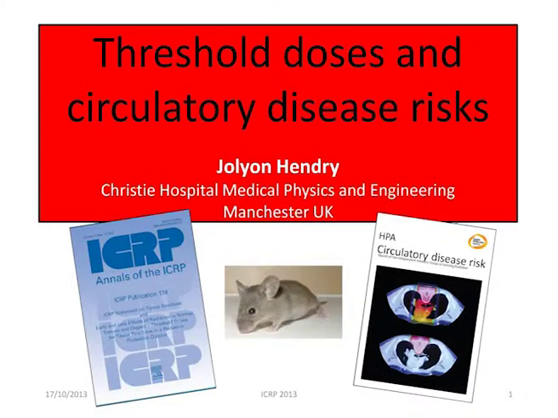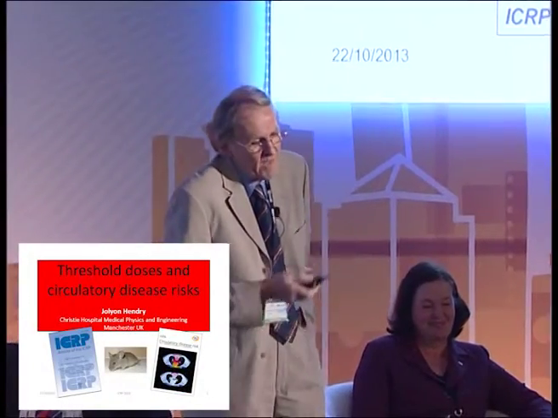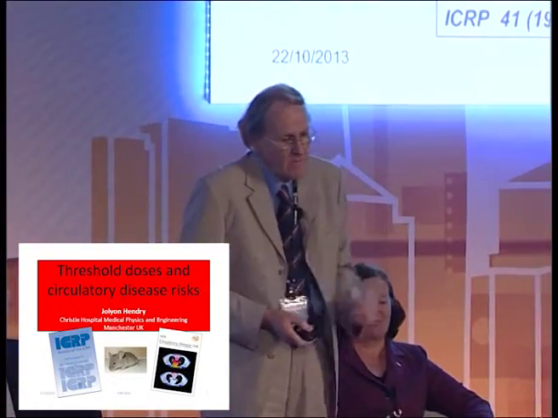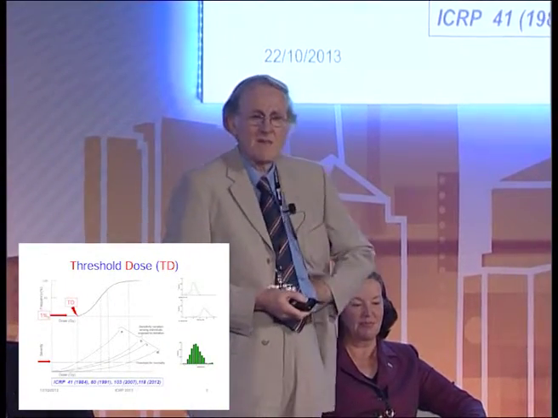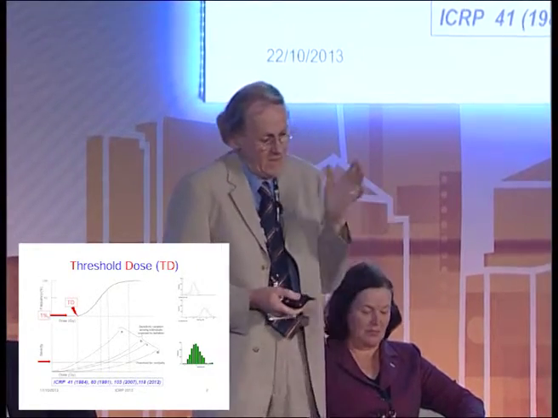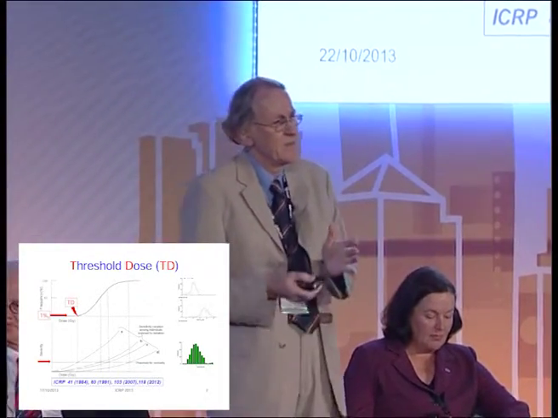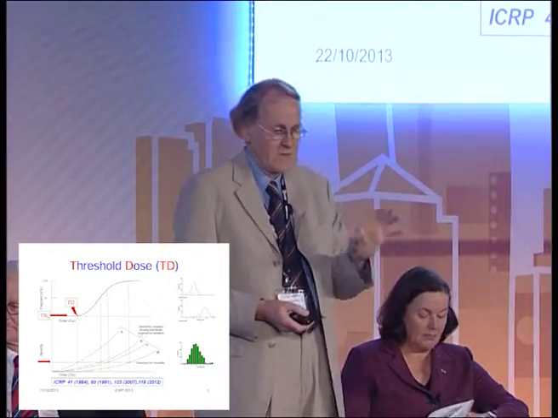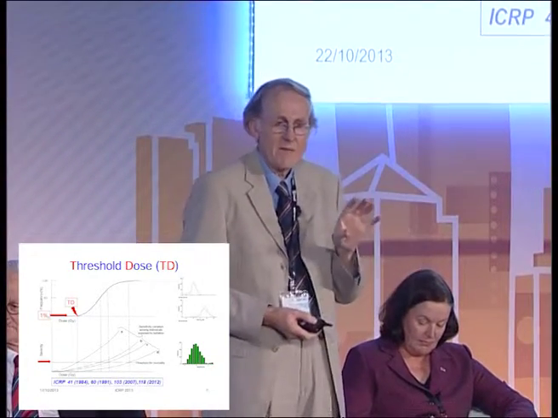Now, here is a slide from a document that started off in 1984. It's an HCRP document, and there have been several documents since then with the same diagram in it.